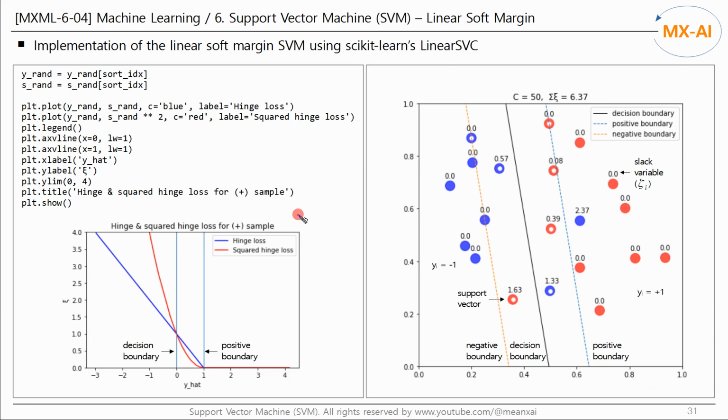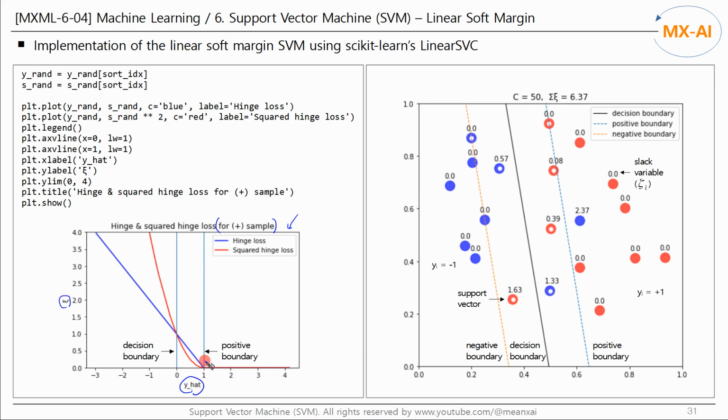The result of the hinge loss is like this. This is the hinge loss calculated only for the data points with positive 1 class. The x-axis is y hat, and the y-axis is the slack variable, zeta. This vertical line is the decision boundary, and this vertical line is the positive boundary.